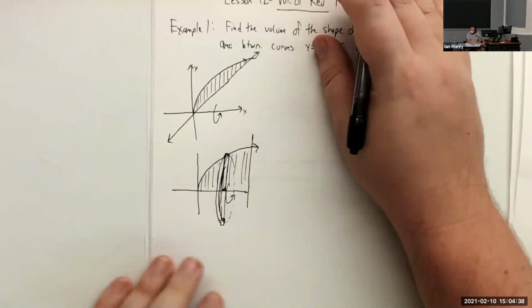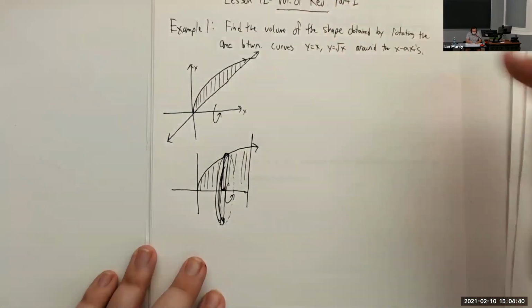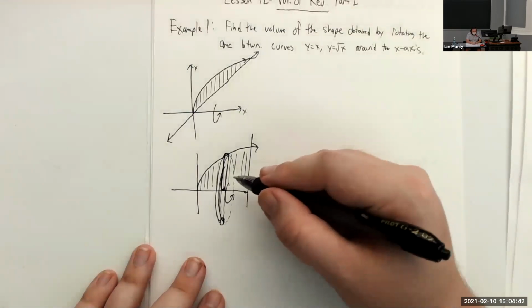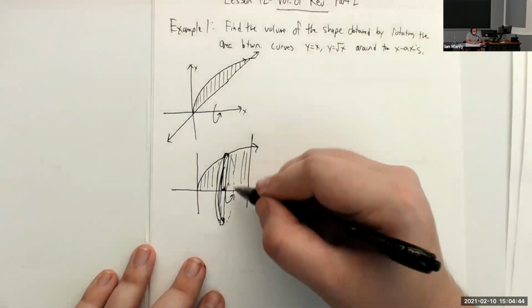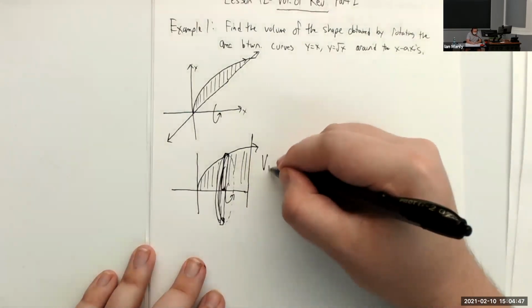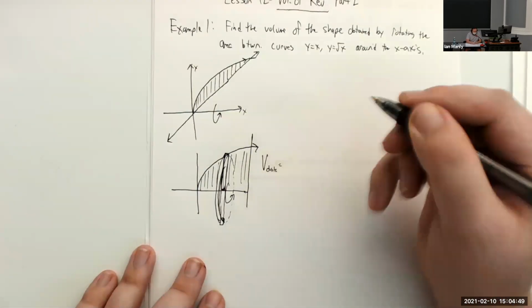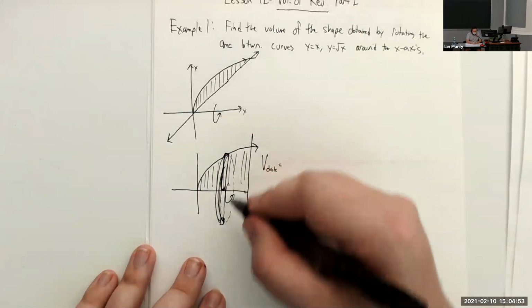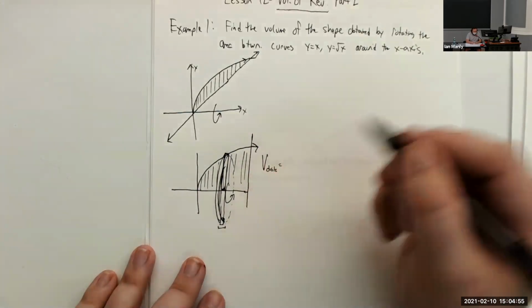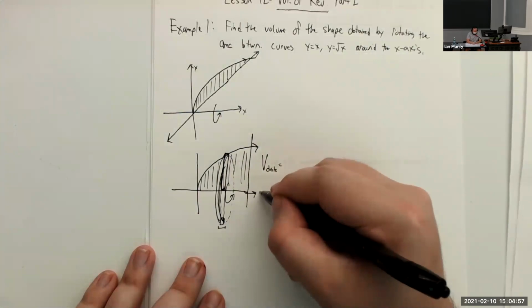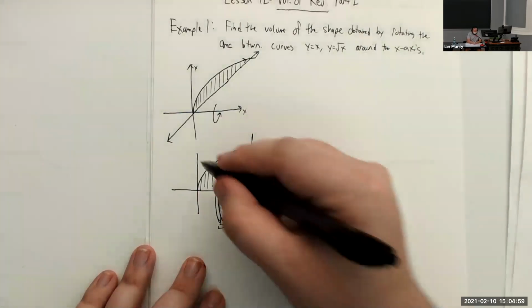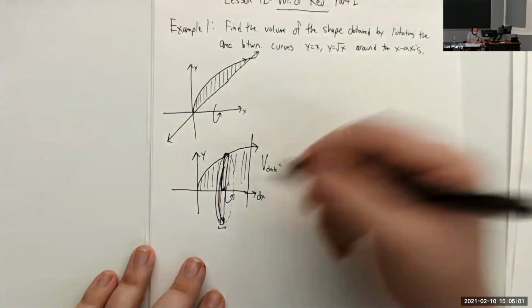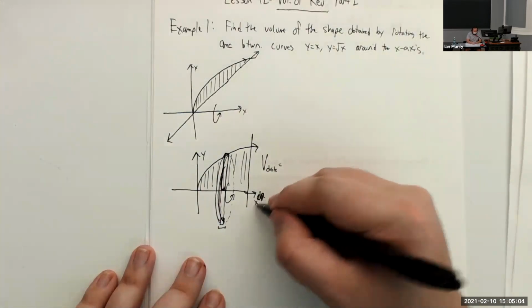All right. So then what is the volume of this disk? Well, technically, this is a very thin cylinder, and the volume of a cylinder is going to be its height times the area of its base. What am I going to call the height variable here? Oops, I just wrote it subliminally.